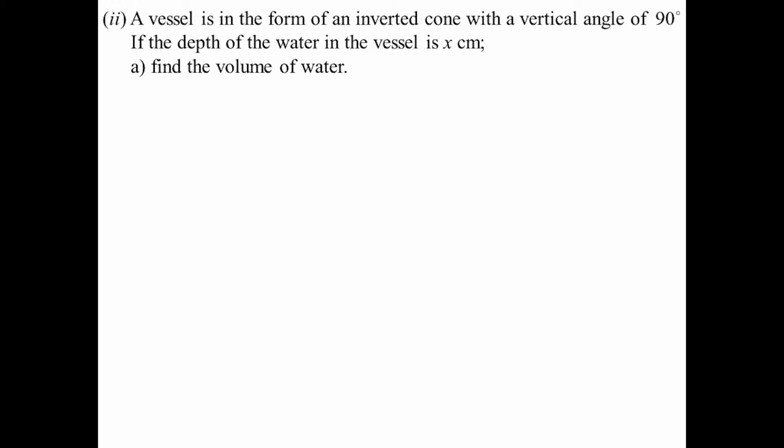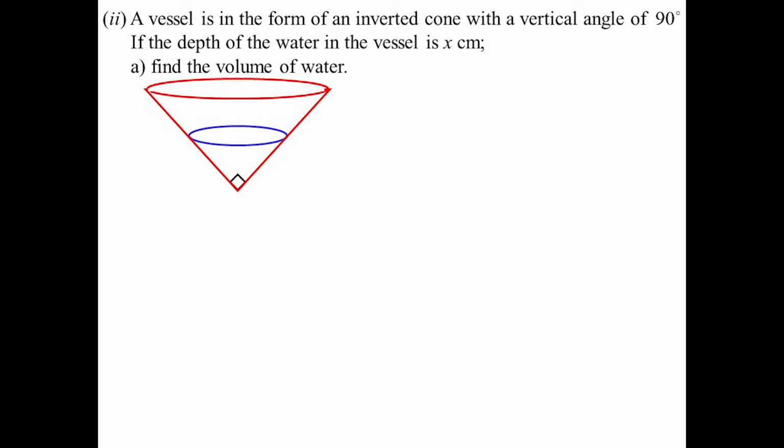A vessel's in the form of an inverted cone. Vertical angle 90 degrees. First thing they want us to do is come up with an expression for volume. So there's my inverted cone, and there's some water inside it. We want to find the volume of the water. So what do we know? They told us the depth of the water is x.